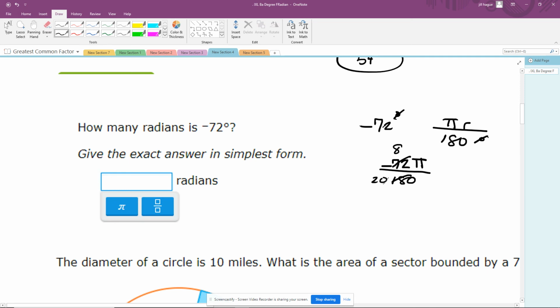So we have negative 8 over 20, but we know we can reduce that, because 4 goes into there twice, so I have negative 2, and 4 goes into there 5 times. 5, and don't forget your pi. And there's your answer. And that's how you convert from degrees into radians. So that would be your answer you would type in, and you're good to go. All right, let me know if you have any questions.